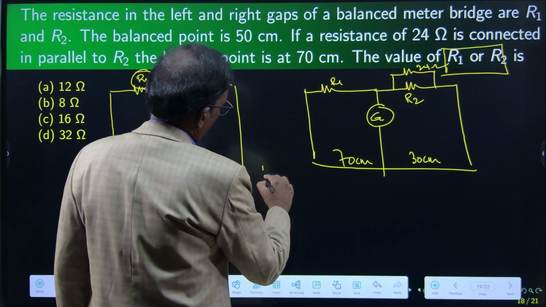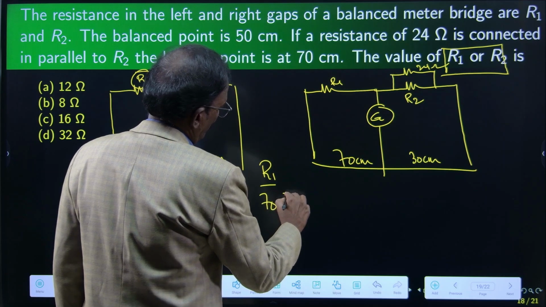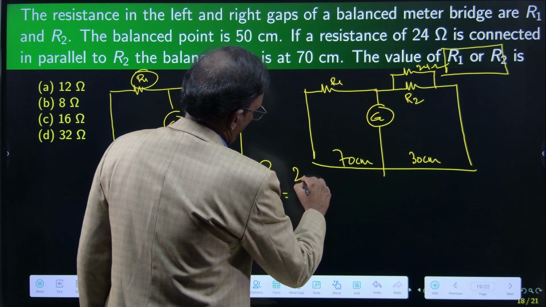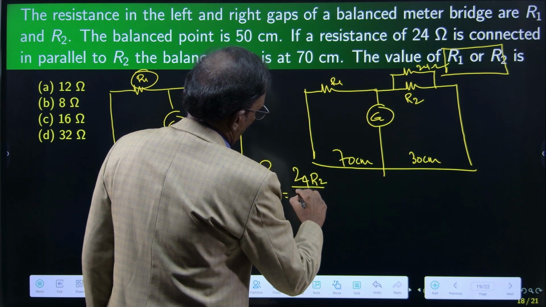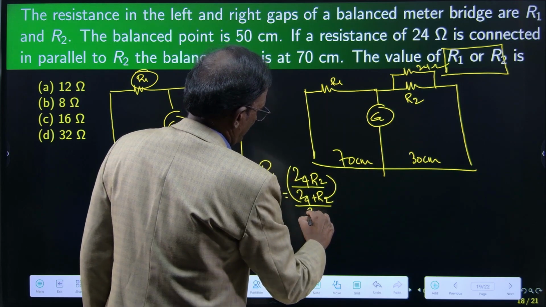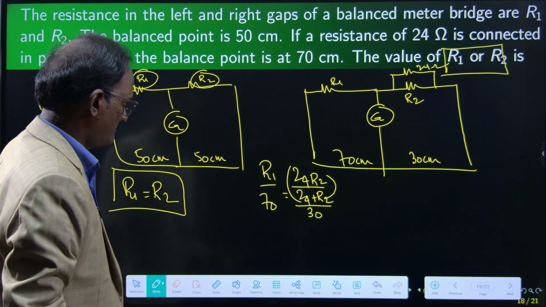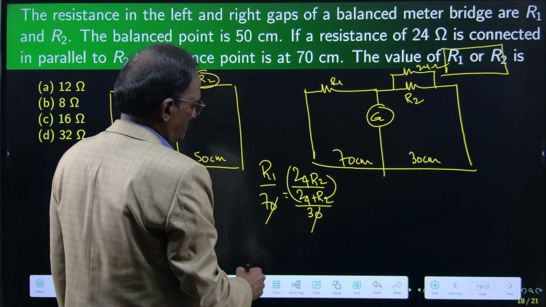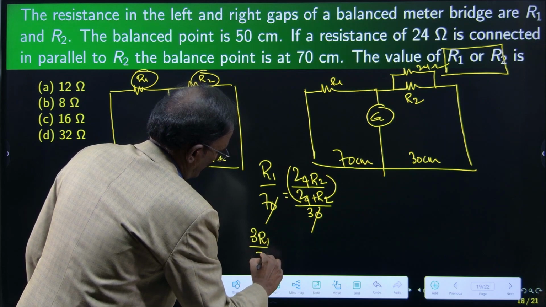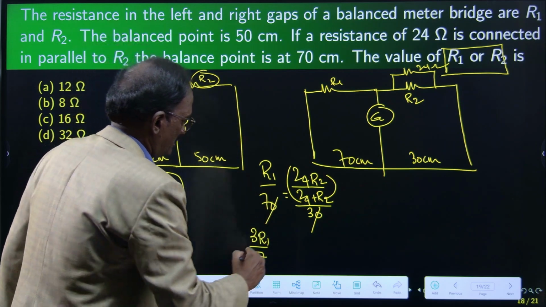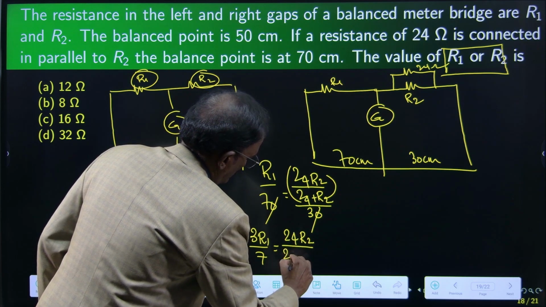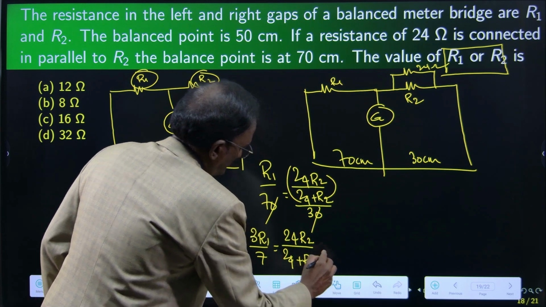R1 by R2 in parallel with 24 is 70 by 30. So R1 by 70 equals 24 R2 divided by 24 plus R2, divided by 30. This 0 can be removed. So 3 R1 by 7 is equal to 24 R2 divided by 24 plus R2.